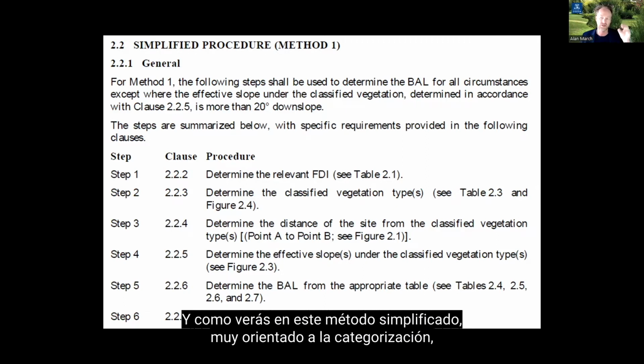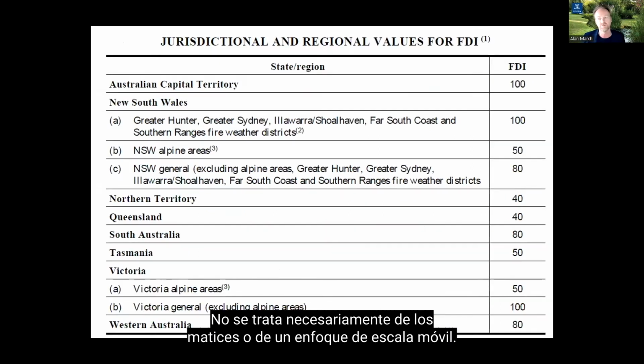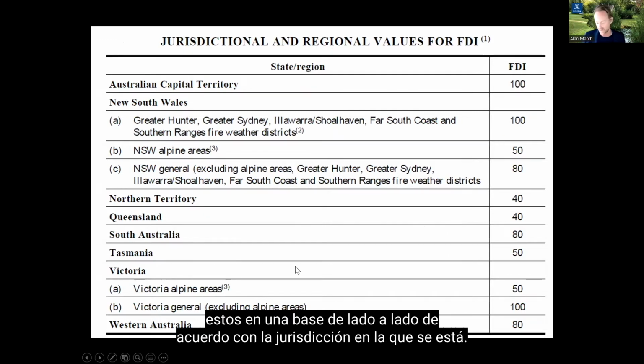And as you'll see in this simplified method, very much categorization driven, not looking at necessarily the nuances or a sliding scale approach. Very broad brush understandings of the fire danger index are applied, although there are opportunities to modify these on a site-by-site basis according to the jurisdiction that you're in.